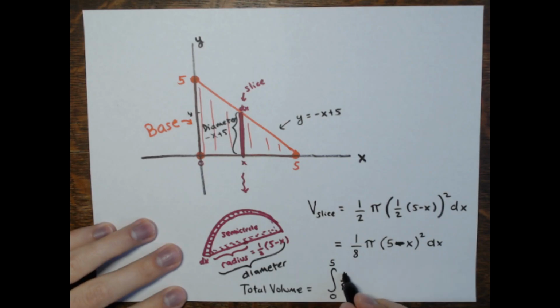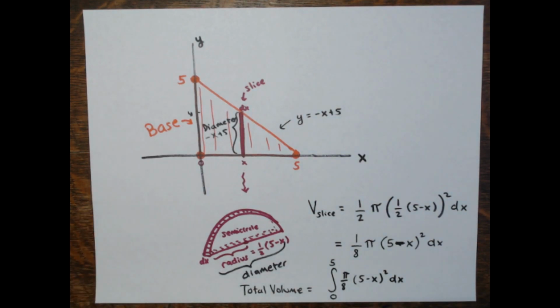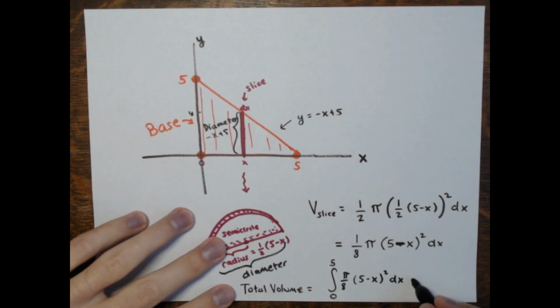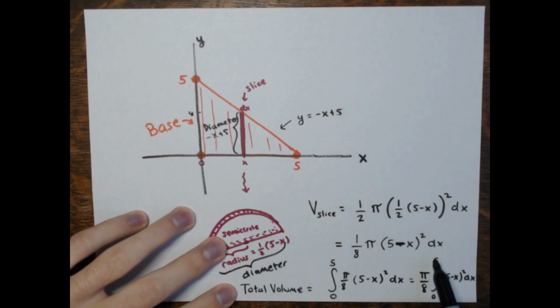So pi over 8, right? 1/8 pi over 8 times 5 minus x squared dx. Okay. Now I'm going to pull out the pi over 8, right? And then we're integrating from 0 to 5. That's 5 minus x squared dx. And I'm just doing this one on Desmos.